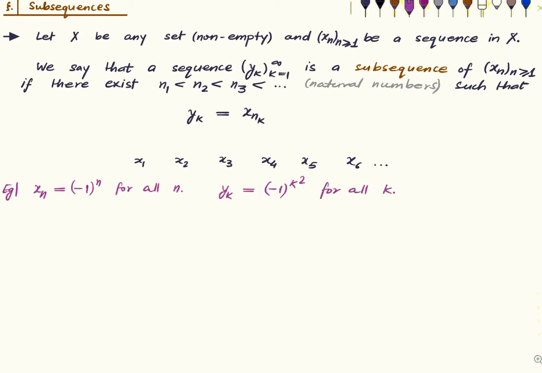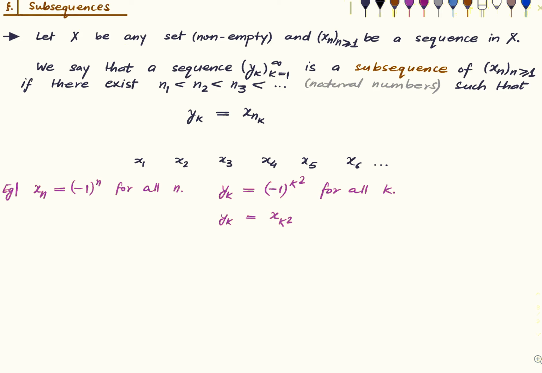Then yk is nothing but x sub k square, and hence yk is a subsequence. Of course, when you substitute 1, 2, and 3 in place of k, this is an increasing sequence of natural numbers, and hence yk is a subsequence. So what you're doing is you're rejecting the elements of the sequence which correspond to non-perfect squares. Just some arbitrary selection. So that's a subsequence.